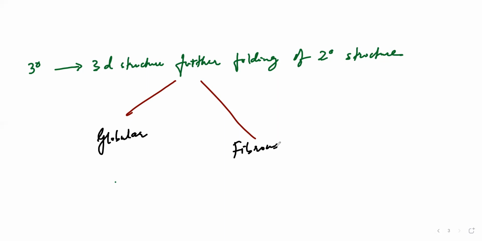Okay, now usually what happens is, whenever a three-dimensional structure is formed due to the refolding of the secondary structure, there is a stability which has been obtained. Okay, I'll just write it down.